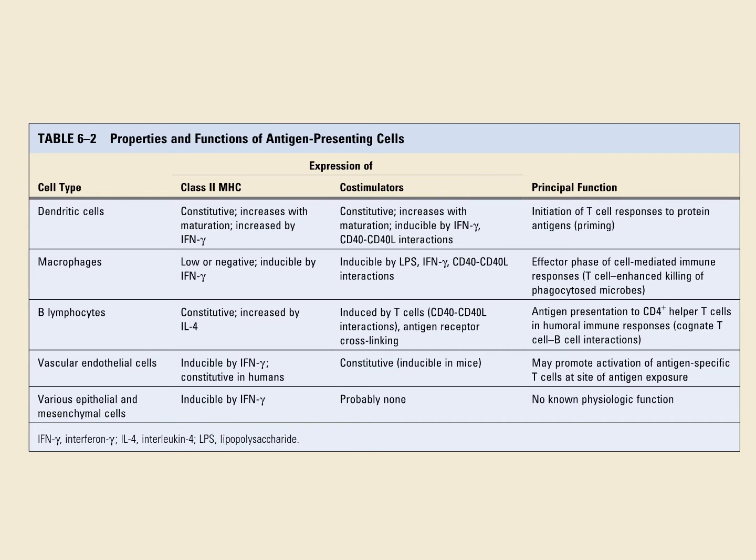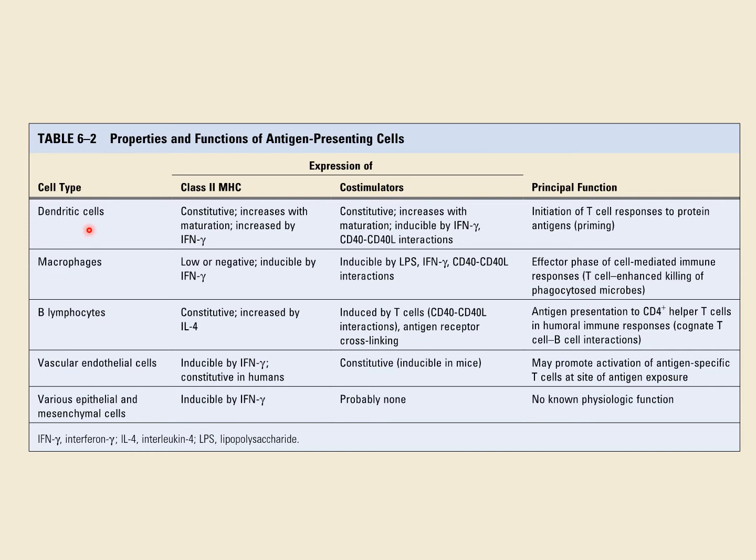Epithelial and tissue resident dendritic cells capture protein antigen and transport the antigen to draining lymph nodes. These dendritic cells can ingest infected cells and present antigen from these cells to CD8 T cells. That is a process called cross presentation.